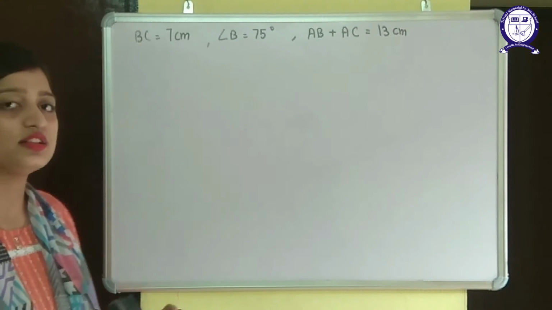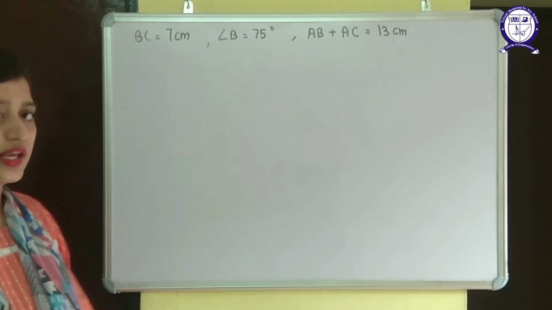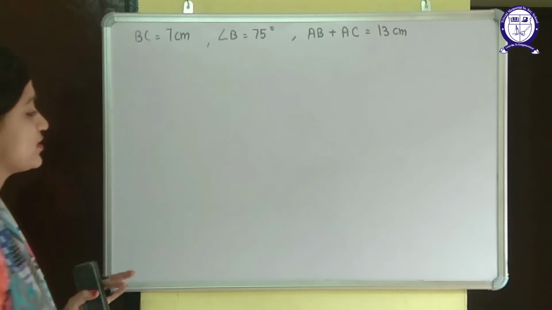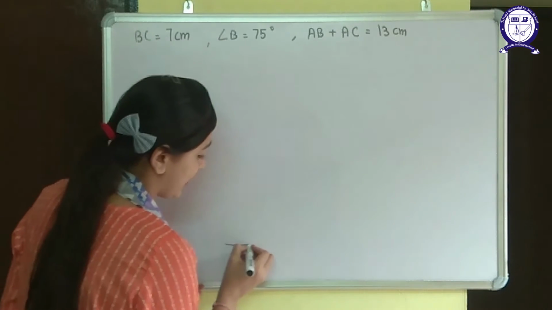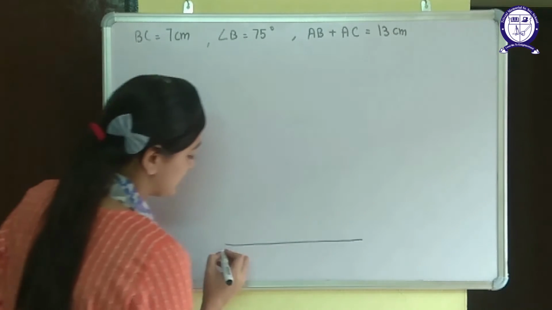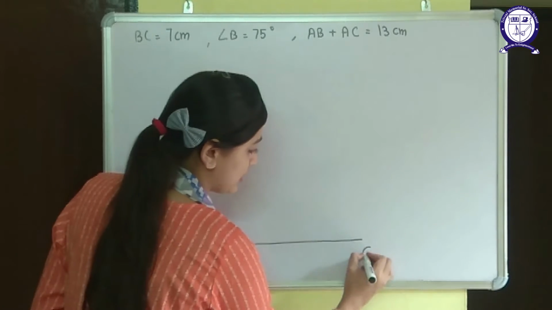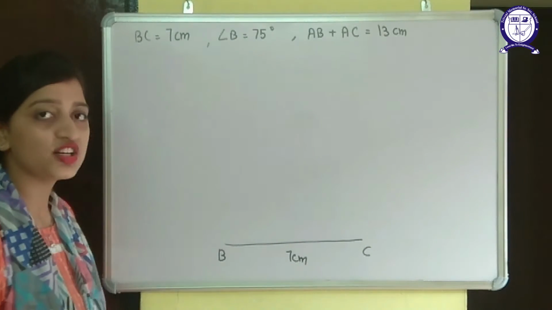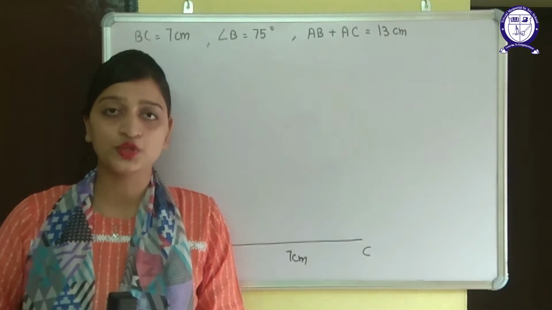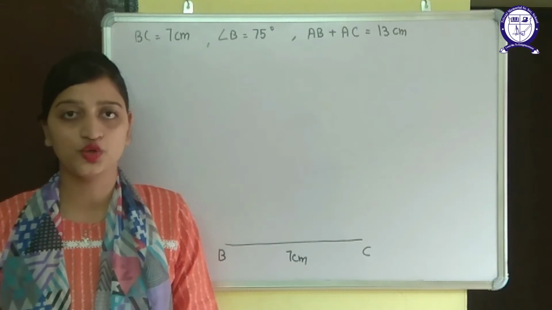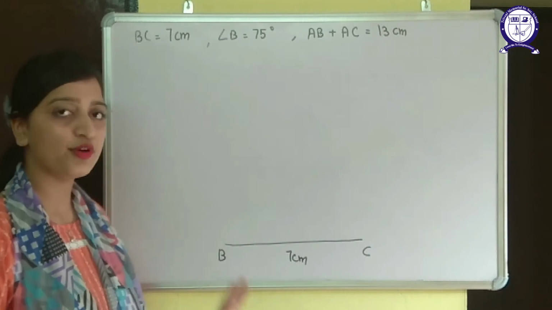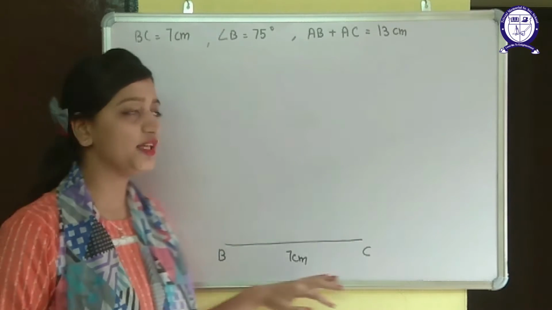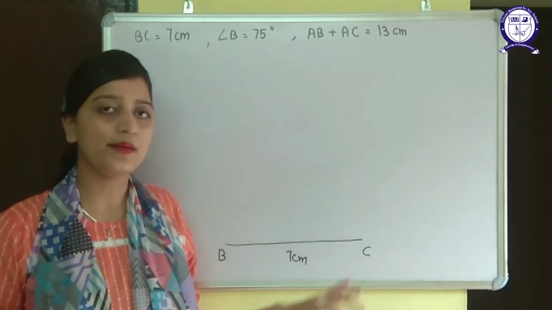So first of all, the first thing we will do is make the base. We will take the base BC 7 centimeter. In the chapter of construction, you always need to write the steps of construction also. So, the first step of construction will be draw BC equals 7 centimeter.